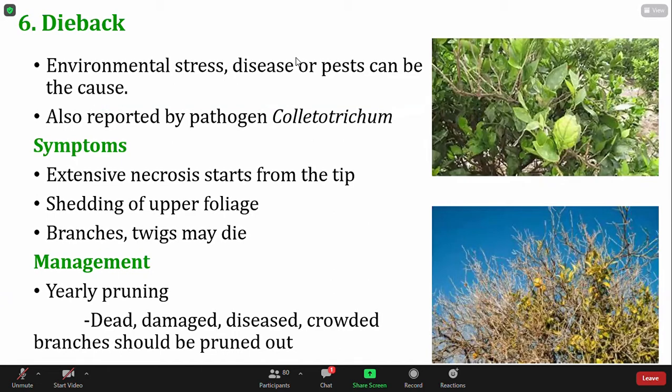The management practices are yearly pruning, because I already mentioned that the already affected plant parts may be the reason for further infestation, right? And dead, damaged, diseased parts have to be removed, and the overcrowding of branches is also a favorable condition for the disease infection.